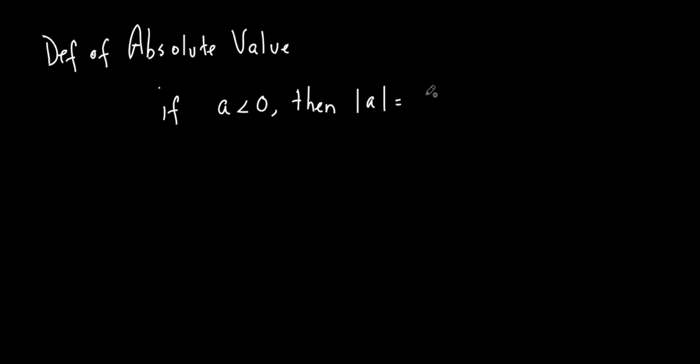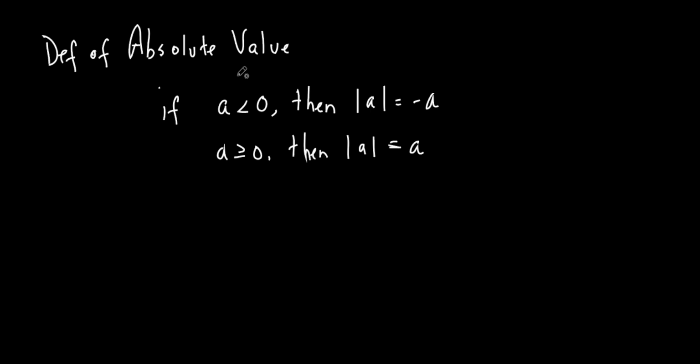Okay, I got it now. Why didn't I see that before? We'll talk about this in a second. Let's write the second part down. So if a is less than 0, then the absolute value of a is equal to negative a. And then it says if a is greater than or equal to 0, so that means it's 0 or a positive number, then the absolute value of a is just a.